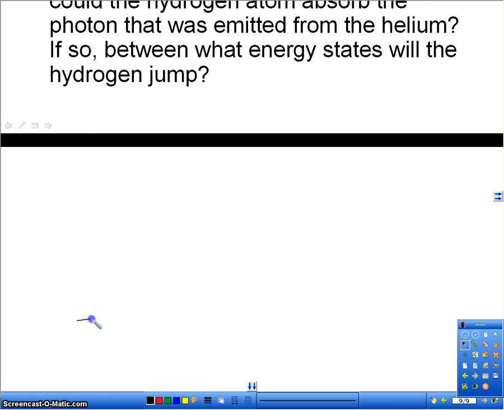Okay. So here's the ground state of helium, the n equals 1 state. The energy for that is going to be negative 13.6 times Z squared, which is going to be 4, divided by n squared, which is 1. So 13.6 times 4 is negative 54.4.